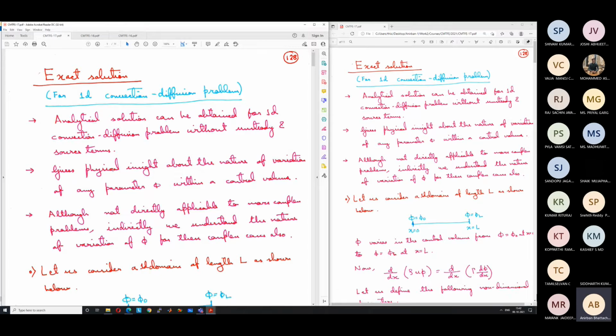Obviously that solution is only valid for 1D without unsteady and source terms. But that nature of variation gives us insight about 2D and 3D problems, and even unsteady problems also.